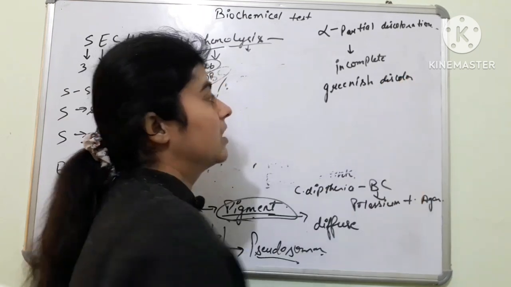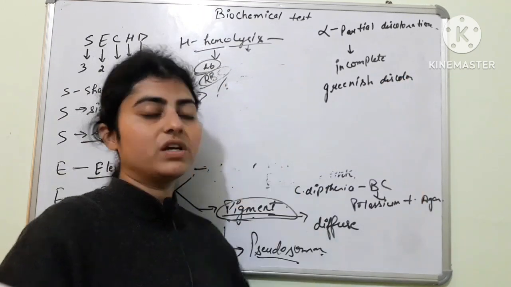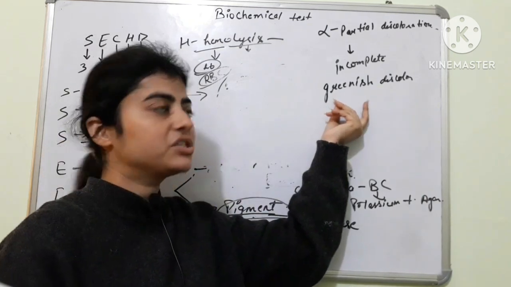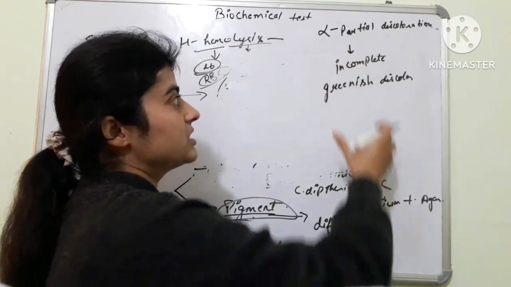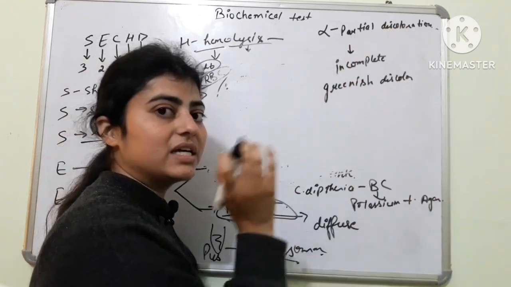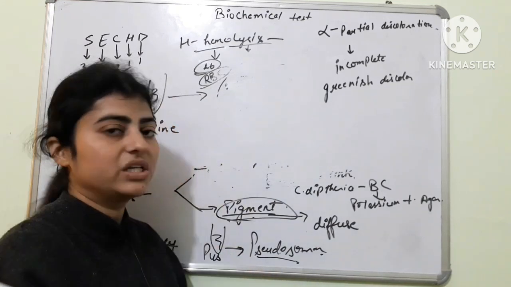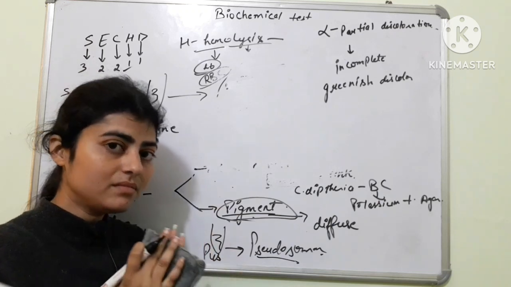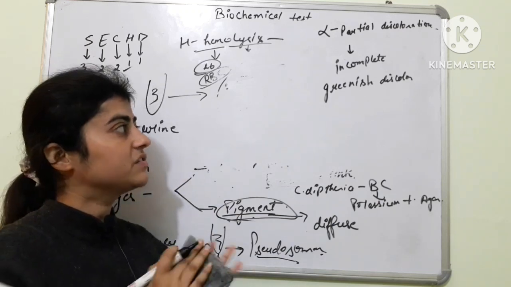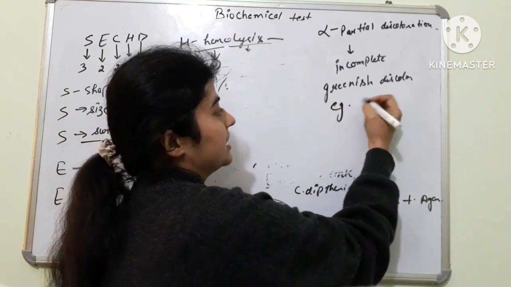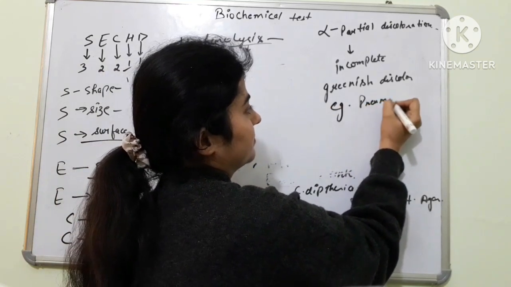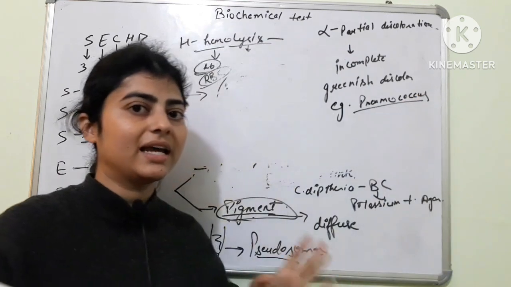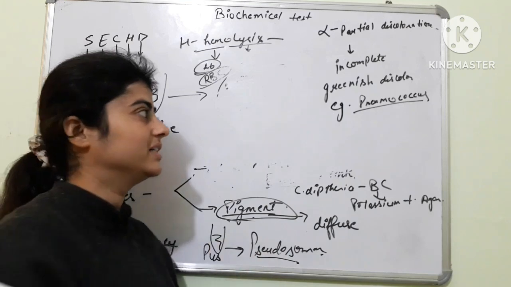So if you have a blood agar with colonies on it, and you see greenish discoloration and incomplete lysis, then you say that the bacteria produce alpha hemolysis. An example is seen in pneumococcus. Always underline the bacteria name, never forget to underline it.